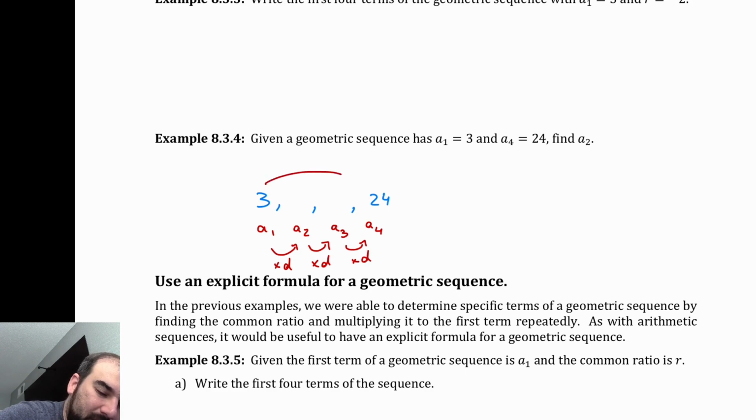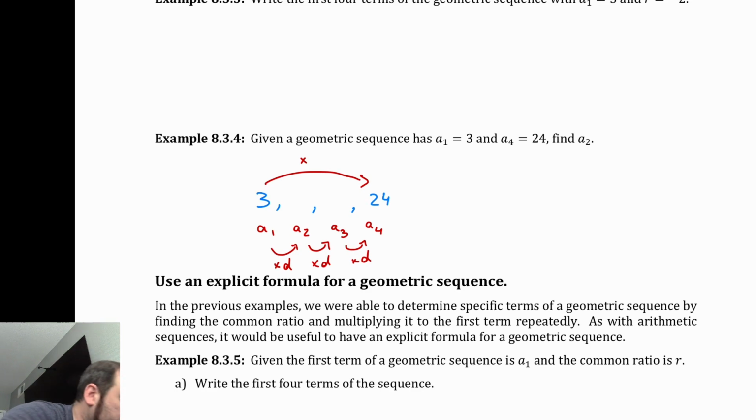So to get from A1 to A4 directly, what would I multiply by to get from A1 to A4? By 8?